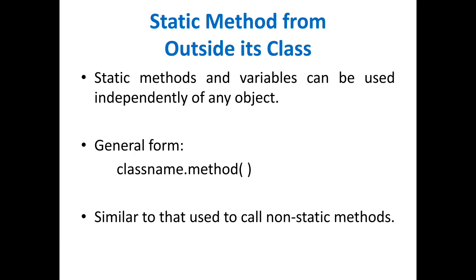Here class name is the name of the class in which the static method is declared. This format is similar to that used to call non-static methods through object reference variables. A static variable can be accessed in the same way by use of the dot operator on the name of the class. Thus Java implements a controlled version of global methods as well as global variables.